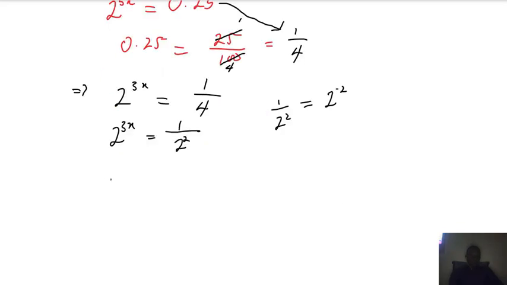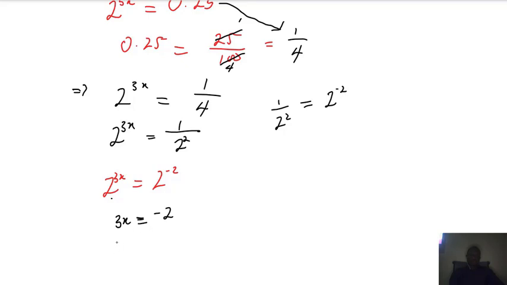So we have 2 exponent 3x equal to 2 exponent negative 2. Because the bases are the same, we are going to equate the exponents. So it's going to be 3x equal to negative 2.